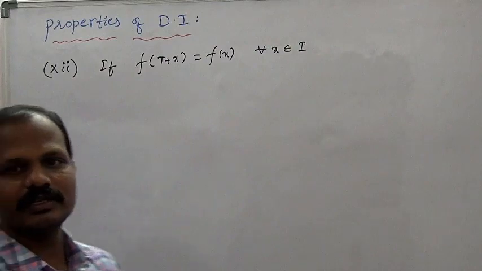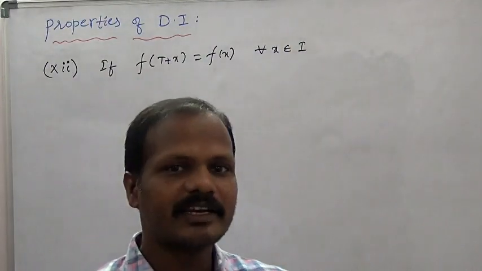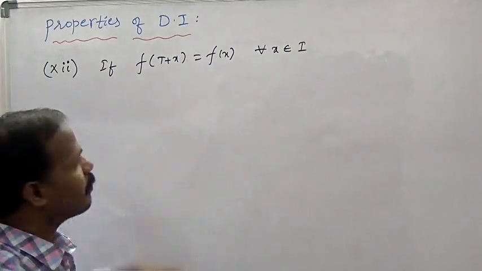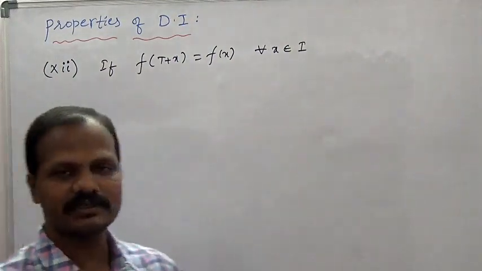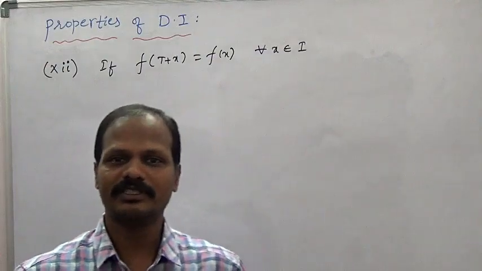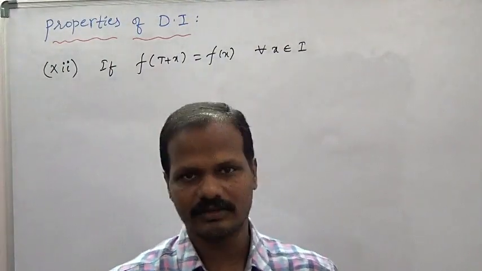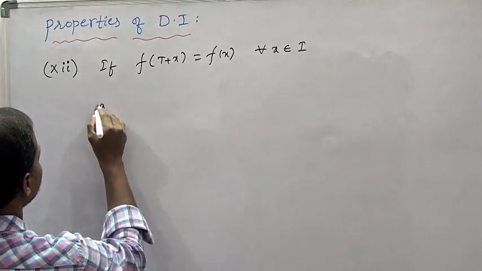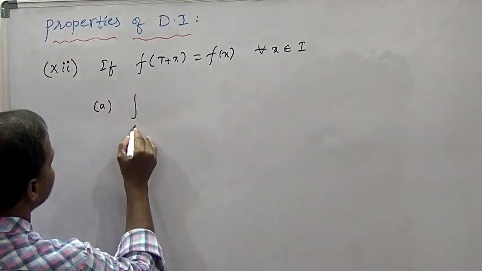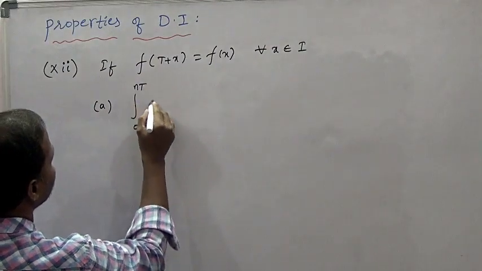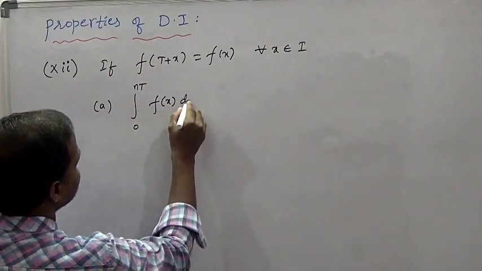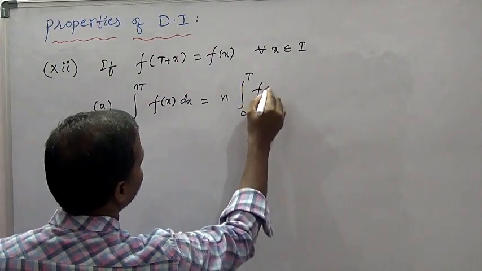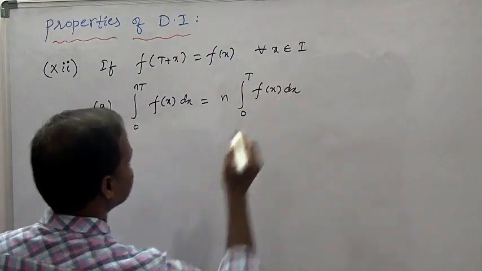The meaning of this is f is a periodic function of period t. So the problem may be given like this, f of t plus x equals f of x, or if f is a periodic function of period t. Then integral 0 to nt f of x dx equals n into integral 0 to t f of x dx.